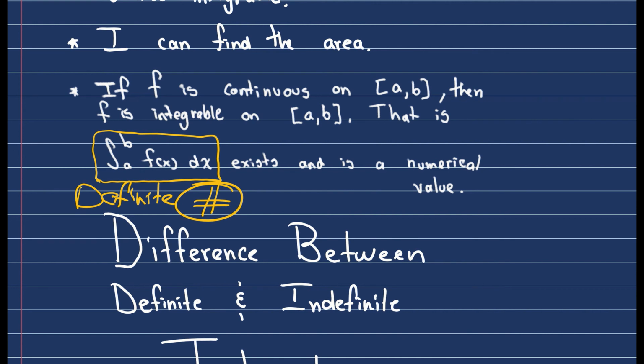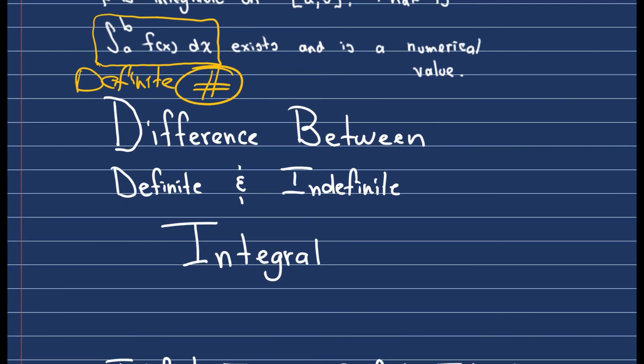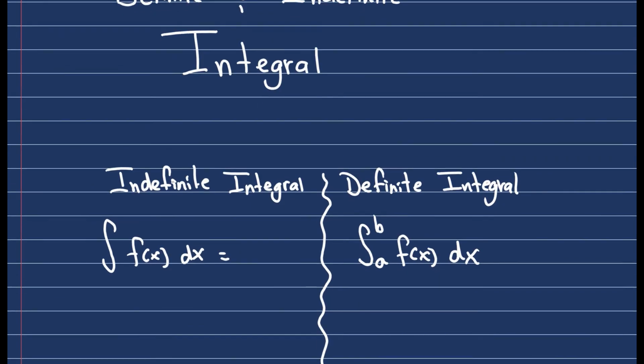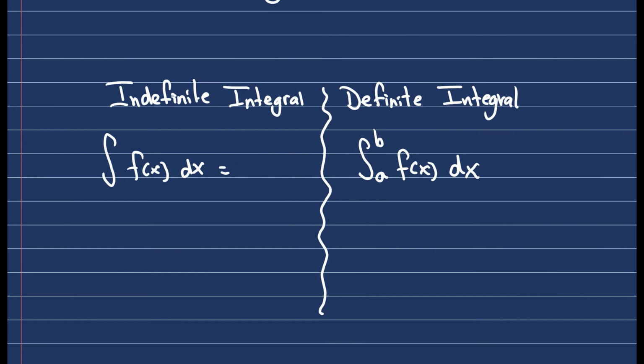All right, so what is the difference between indefinite and definite integral? At this point, you should be able to establish the difference between the two. A really simple one is that an indefinite integral gives you a family of functions. If you take the integral of little f of x, remember what we get? We get capital F of x plus the constant of integration.